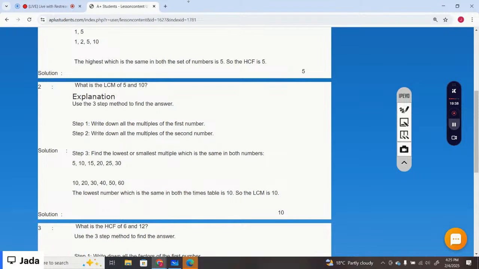Multiples of 5: 5, 10, 15, 20, 25, and 30. Multiples of 10: 10, 20, 30, 40, and 50. So the least common multiple is 10.